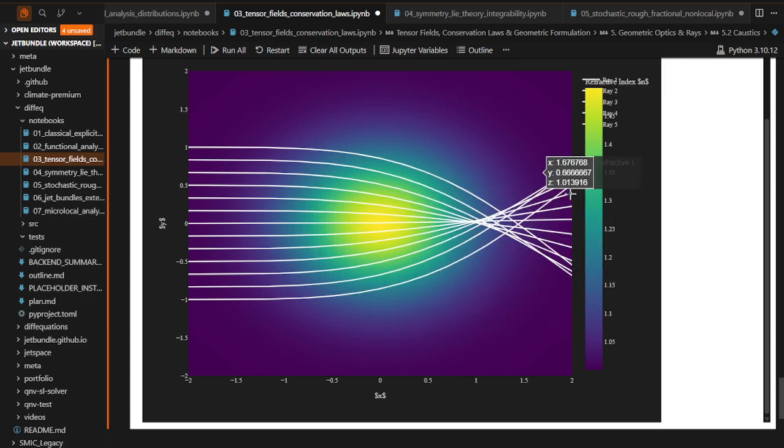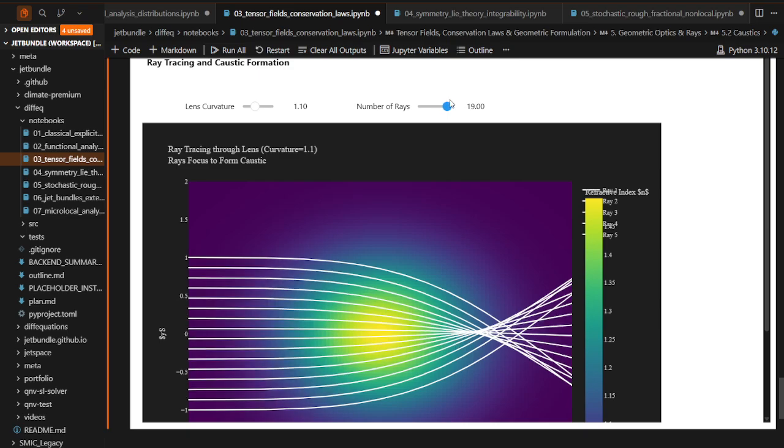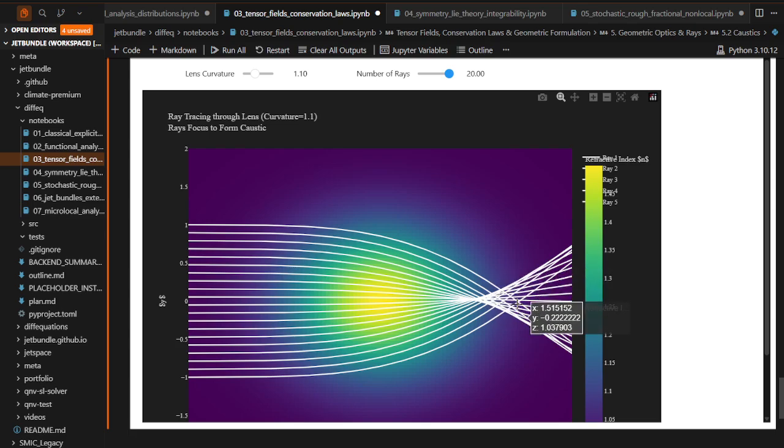And this kind of gives us the coffee cup rainbows, if you've ever seen those things. But we can also add rays to this to see how this envelope is clarifying.